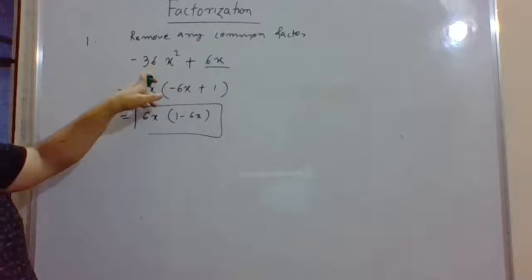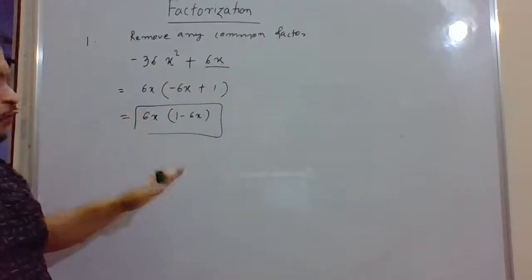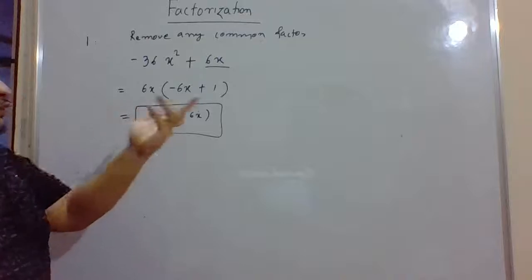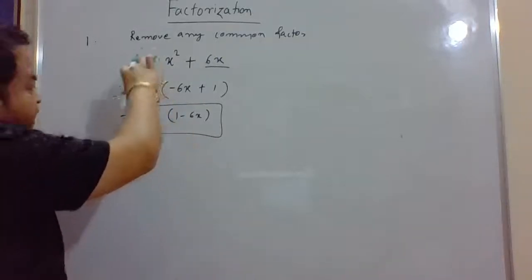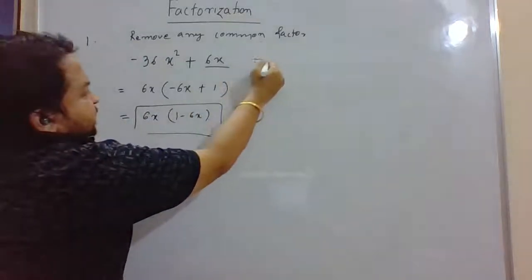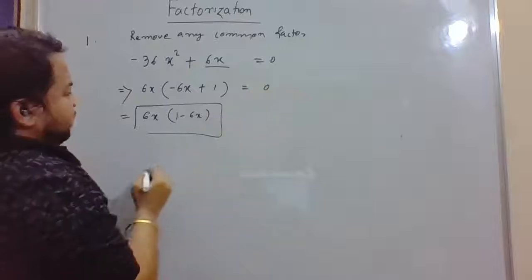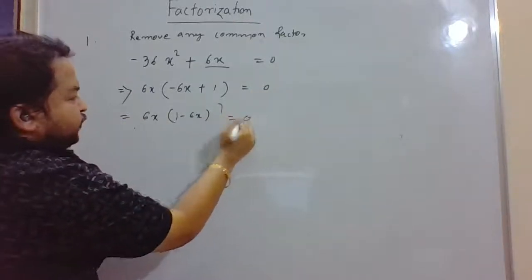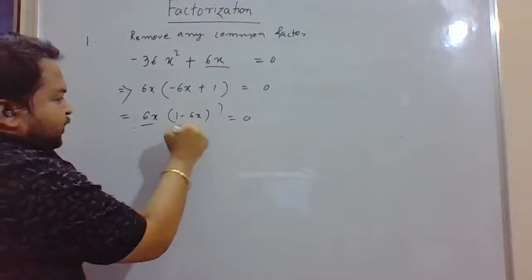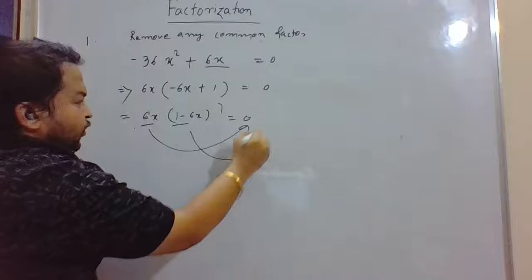Similarly, if this expression is given equal to 0 and you are asked to solve for x, you can use the same thing which we did earlier. Obviously, if the product of two things is 0, either this will be 0 or this will be 0.